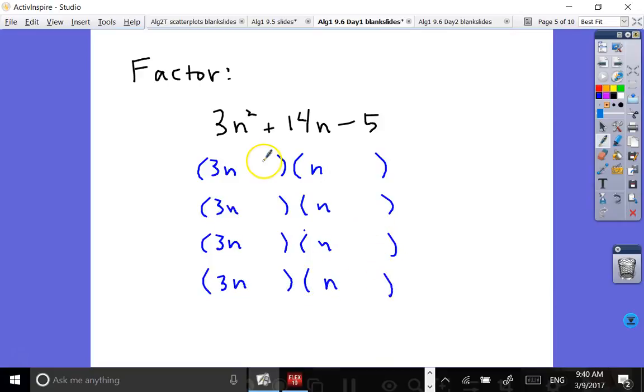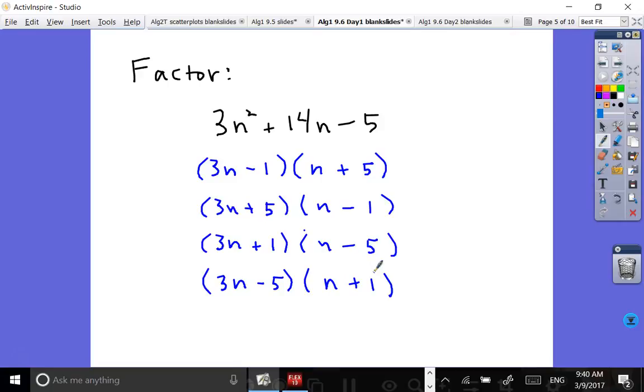Okay, so it's either going to be minus 1 plus 5, plus 5 minus 1, or it could be plus 1 minus 5 or minus 5 plus 1. Right? I mean, there's only 4 possibilities. So now, with all of those, we know we've got the first term and the last term correct. Right? 3n squared, negative 5. Those 2 are good. Now check the middle terms.